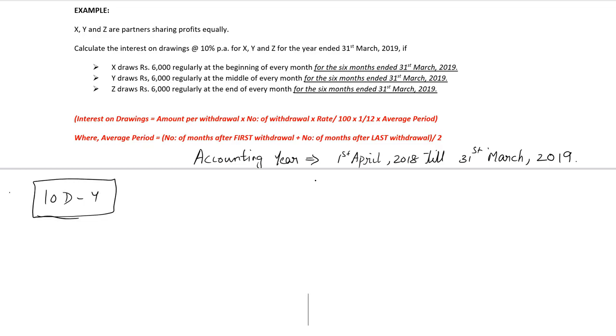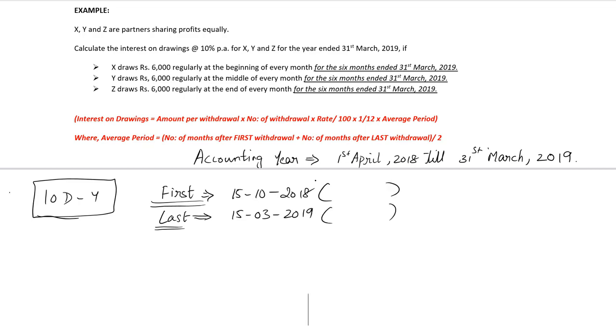Y draws rupees 6,000 regularly at the middle of every month for the 6 months ended 31st March 2019. First withdrawal, 15th October 2018. Last withdrawal, 15th of March 2019.